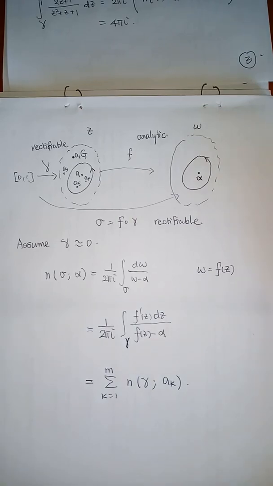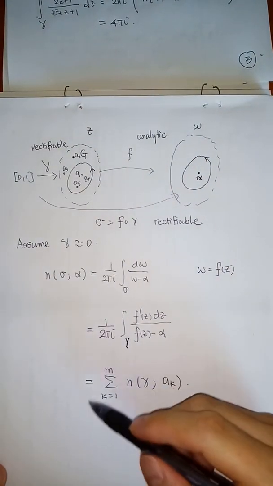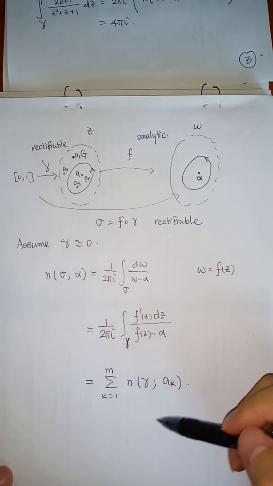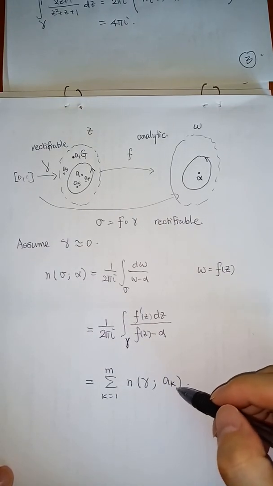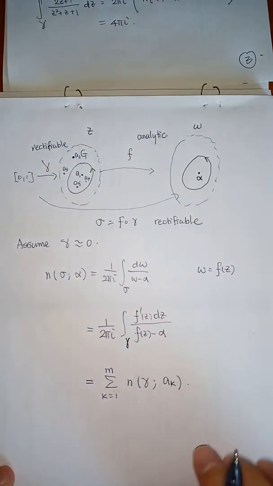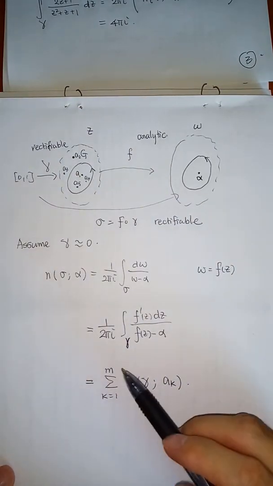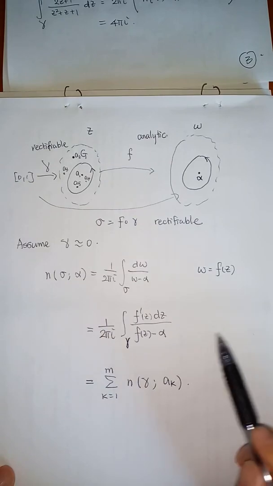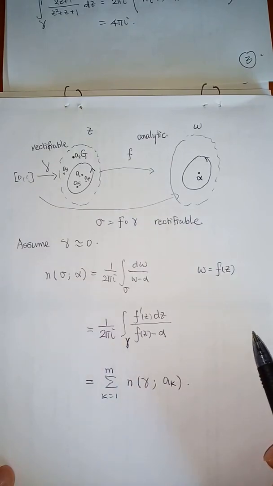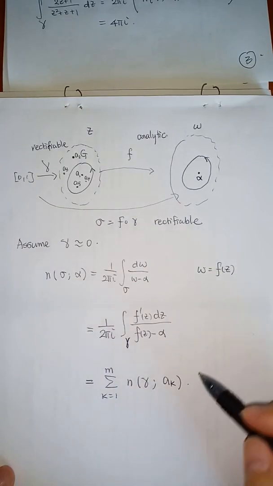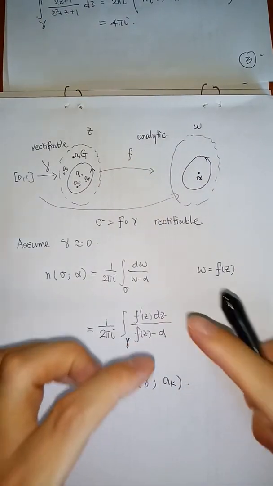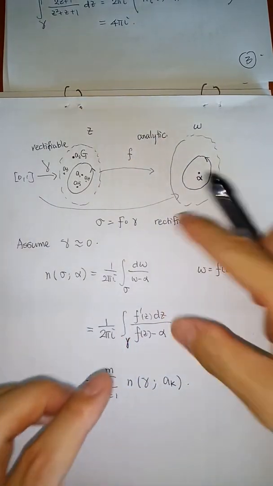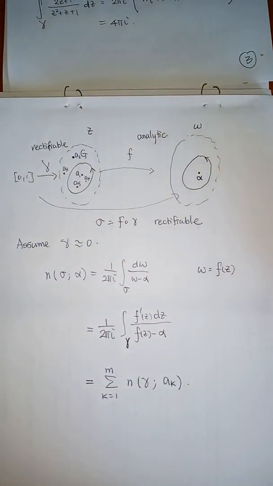Okay, so again, maybe there are infinitely many points here, but still non-zero terms are finitely many, because if a function has infinitely many solutions, that sequence will converge to the boundary. So when we get a closed rectifiable curve, it will surround only finitely many points.